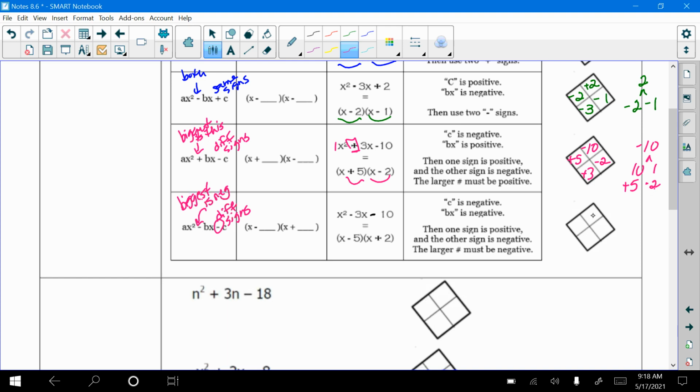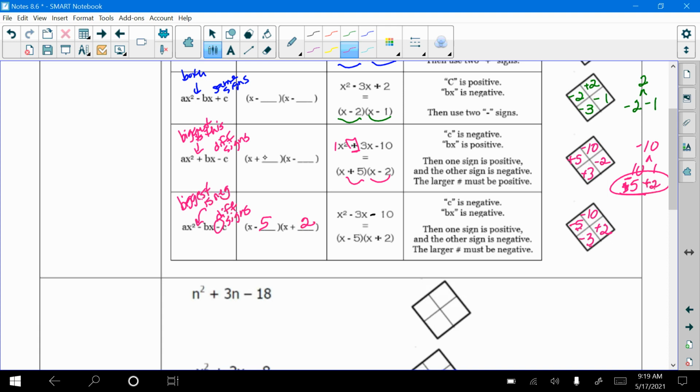So when I still have that negative 10 and I still have that negative 3, that negative 3 says, oh yeah, my bigger one has to be negative. So now I'm still going to use these numbers, but it's going to be a negative 5 and a positive 2. So now negative 5 plus 2 is negative 3, and negative 5 times 2 is still negative 10. Still works. So negative 5 plus 2.